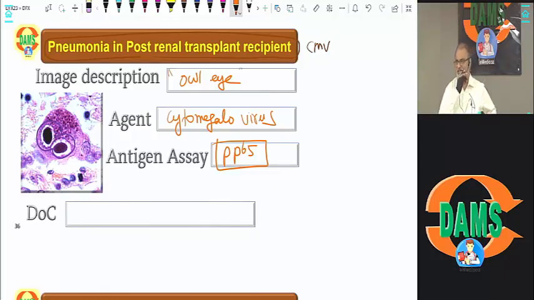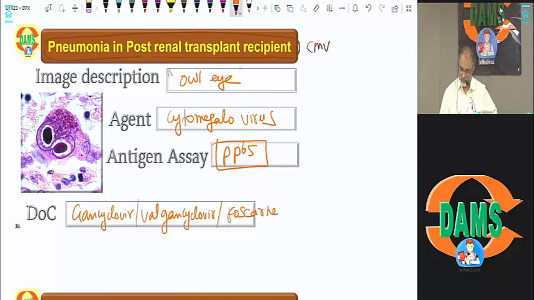What is the drug of choice? Ganciclovir, valganciclovir. Apart from that, you have foscarnet. Ganciclovir, valganciclovir, foscarnet.